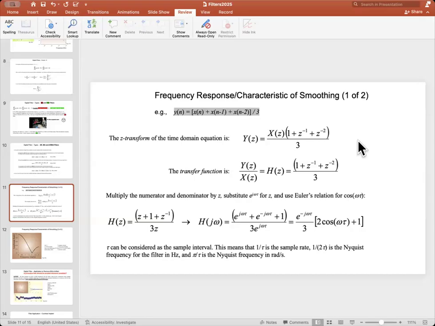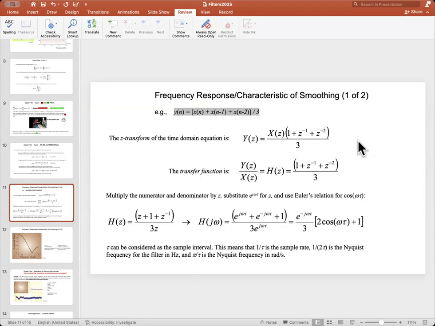Now we have to think a little bit. How do we interpret this? You have to realize now that τ in this case is the sample interval, which means that 1 over τ is the sample rate, and half of that is the Nyquist frequency.